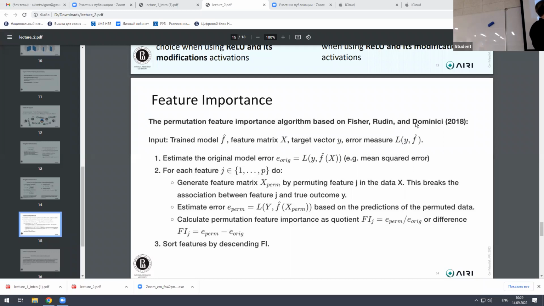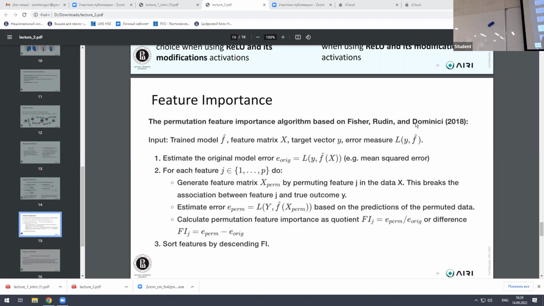We do not care about this now. So the algorithm is as follows. First of all, take our trained model and estimate the error of this original model on our target vector. You can assume now, like mean squared error, for example.